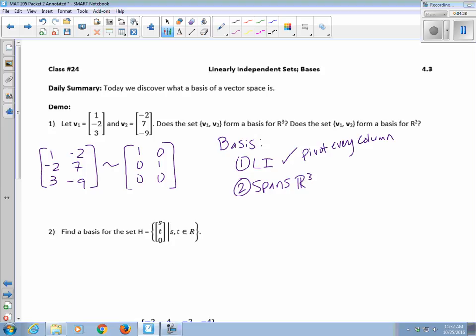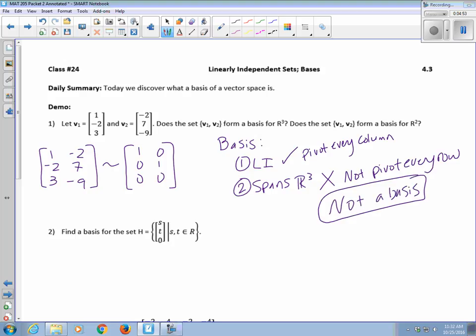So there is some vector in R3 that I could augment with, and I would end up with 0 equals some number, so it would not be consistent. So this is no, because there is not a pivot in every row. So this is not a basis. Not a basis for R3.